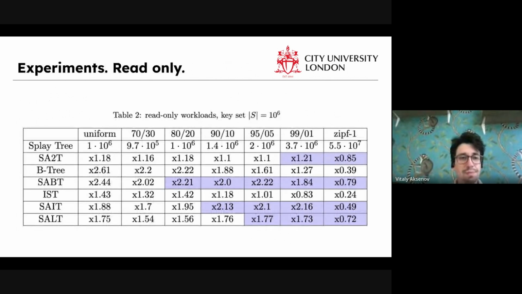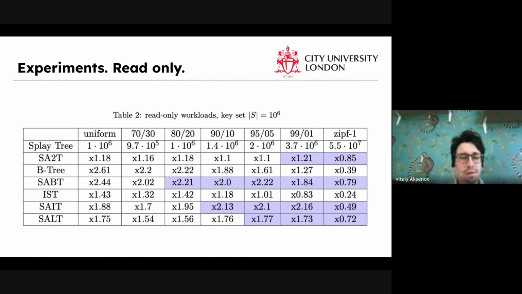We did some sequential experiments. We had the B-tree against our self-adjusting B-tree, and the interpolation search tree against the self-adjusting interpolation tree. We have SplayTree as our main baseline, not competitor.